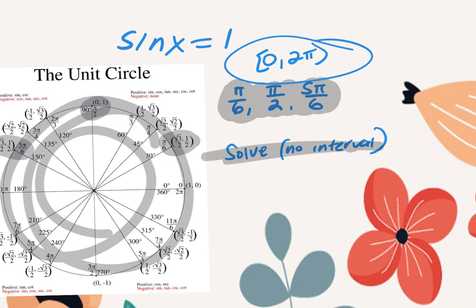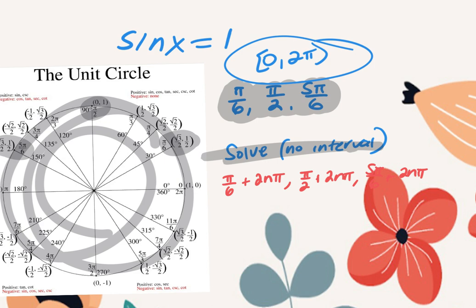This means that plus all the coterminal angles. So I would take my answers from here, pi over 6 plus 2n pi, pi over 2 plus 2n pi, and 5 pi over 6 plus 2n pi. So that's the difference between those types of instructions.